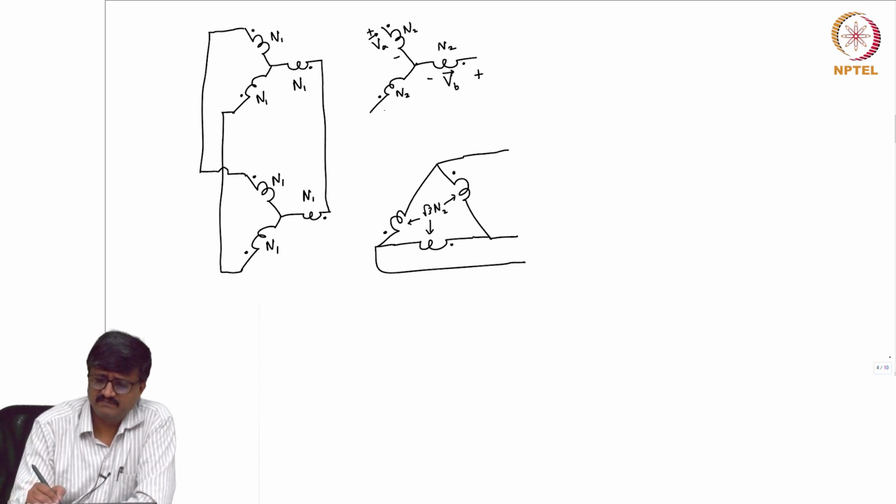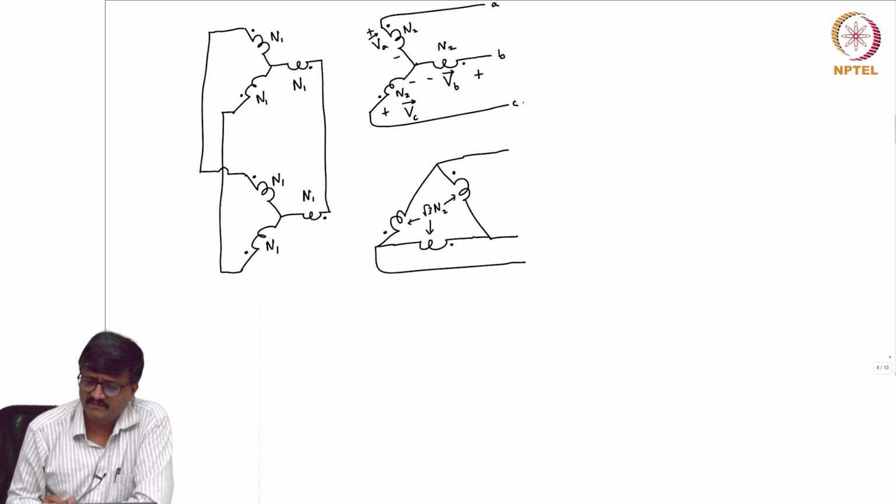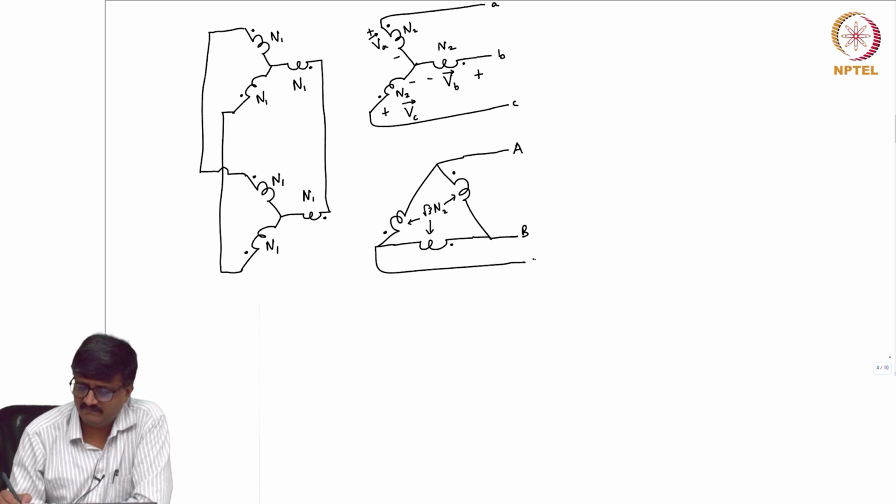Similarly, this is VC. So, this is terminal A phase, B phase and C phase. So, let me call this A, B, C.